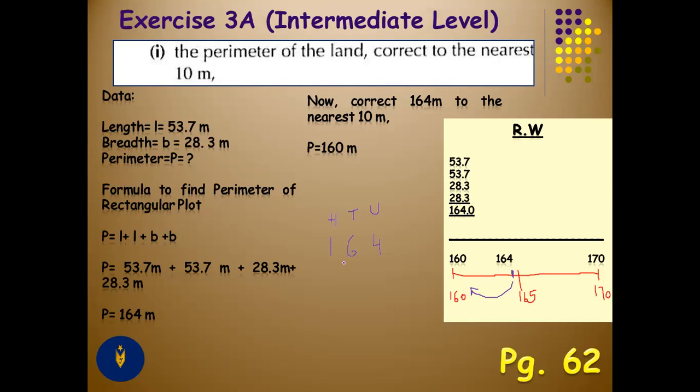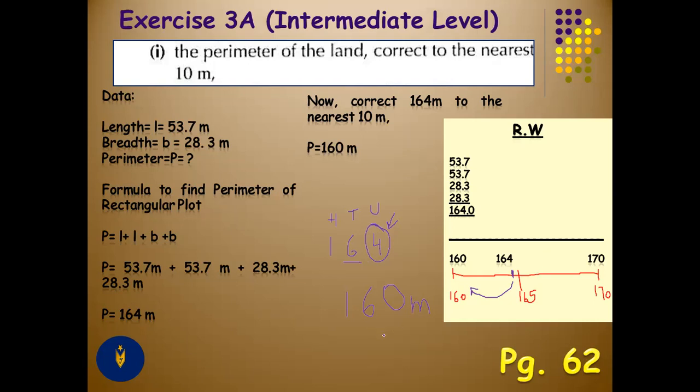So underline the value which is at the 10th place. Now circle the value to its right, that is the value at the unit place. This decides whether 1 is added to the underlined value or not. If you see, the value at the unit place is 4, which is less than 5, so we will do nothing, just put 0 in place of the unit. So we wrote 0, 6 remains as it is and 1 as it is. So 160 meter. Therefore 164 meter is rounded down to 160 meter.